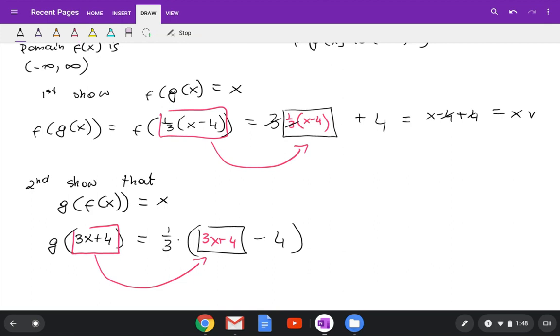Okay, let's simplify. So we're getting 1/3 times, remember about order of operations. So first you're going to simplify the parentheses. So you're going to end up with 3x only because 4 and negative 4 cancel. And now we have 1/3 times 3x. That will cancel, and this is equal to x. So we just proved it.